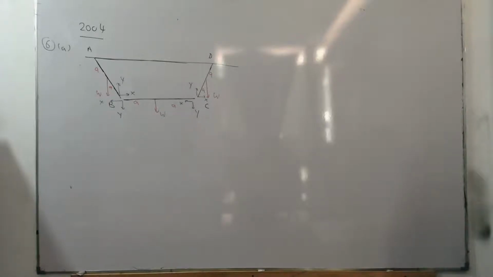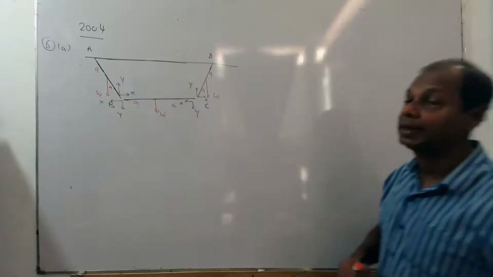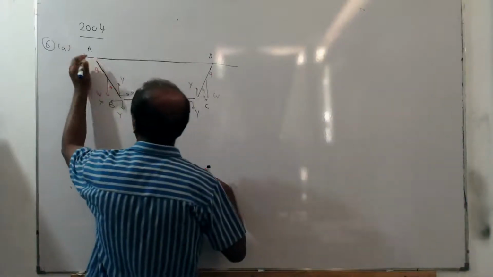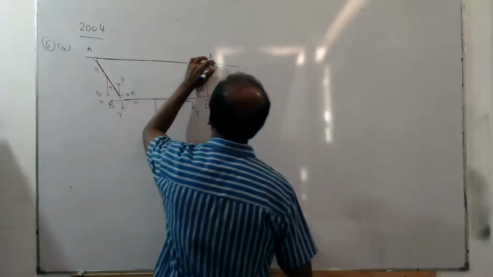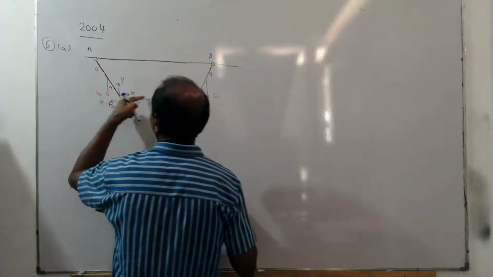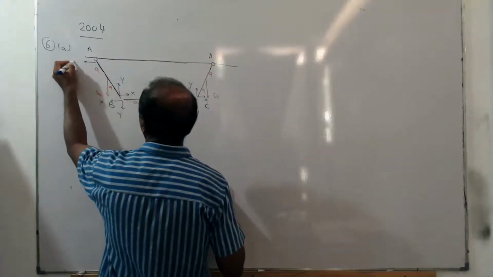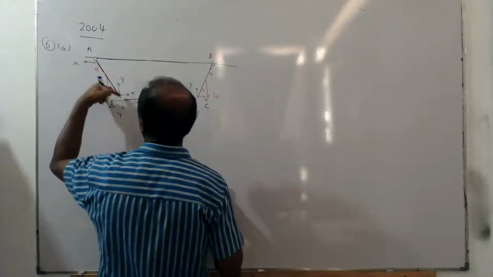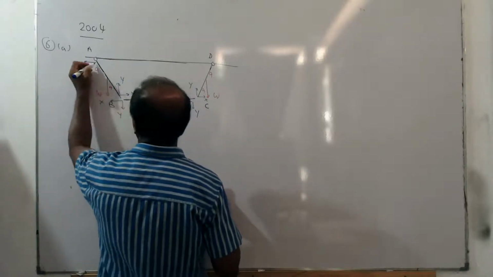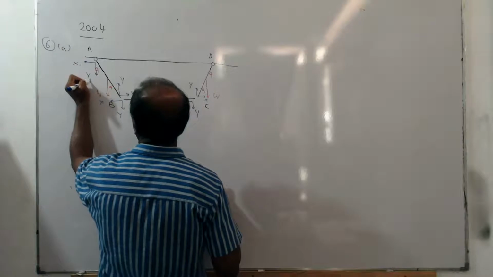Reaction at A on AB, again hinged. The X has to be the same X in the opposite direction because there is no other horizontal force, but there can be some other Y, say Y1.